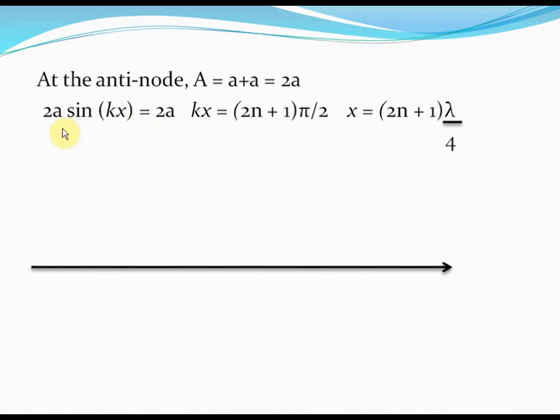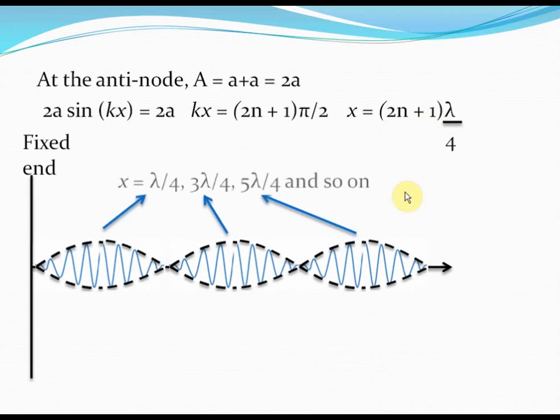When we equate 2a sin kx to 2a, we get sin kx is 1, or x comes out to be (2n plus 1) lambda by 4. That is all odd values of lambda by 4, like lambda by 4, 3 lambda by 4, 5 lambda by 4, and so on. You can clearly see that the distance between two antinodes is lambda by 2, and similarly the distance between two nodes is also lambda by 2.